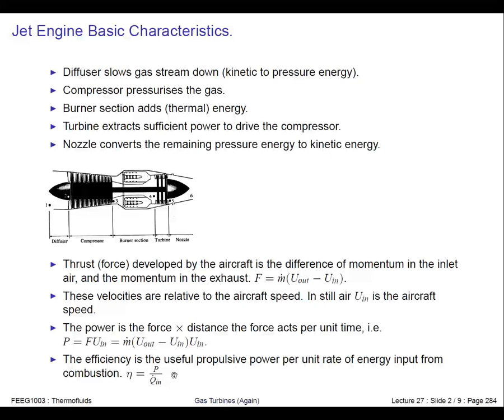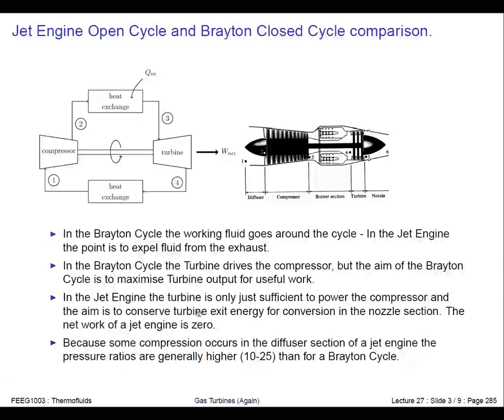We did this for a stationary gas turbine using the first law, if you remember, so we can also do this with the steady flow energy equation. And what we'll find out is jet engines are horribly inefficient.